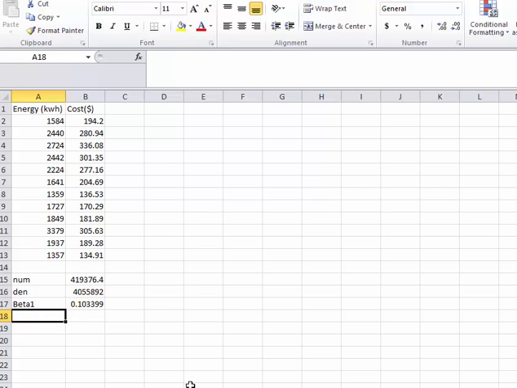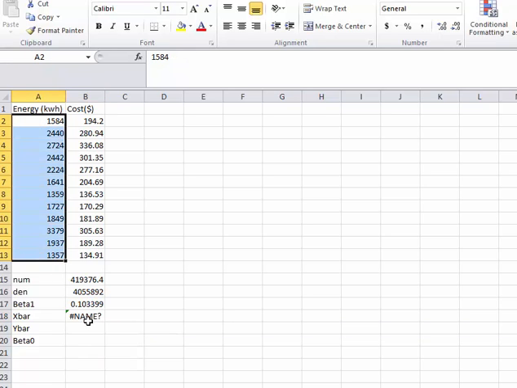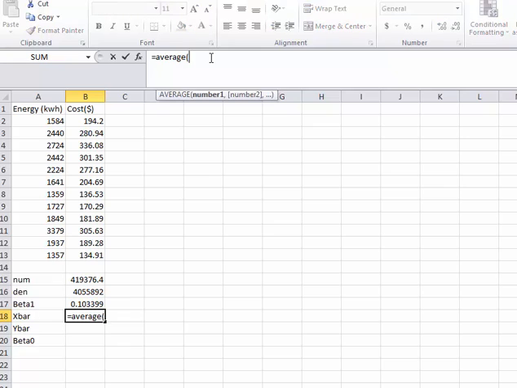Now, the next thing we need to do is calculate x bar and y bar so that we can then calculate our beta 0. So x bar is simply the average of our x values. And y bar is just the average of our y values.